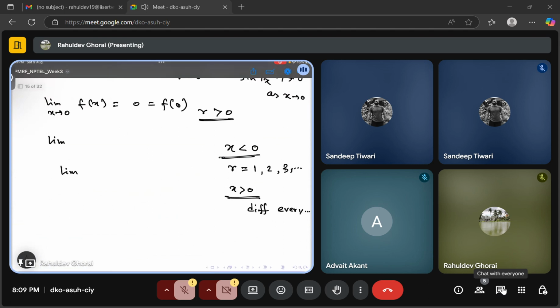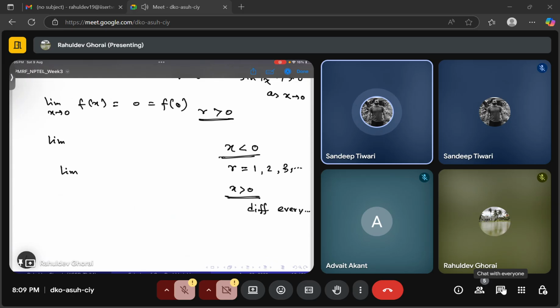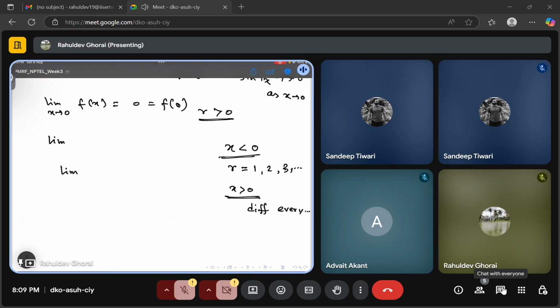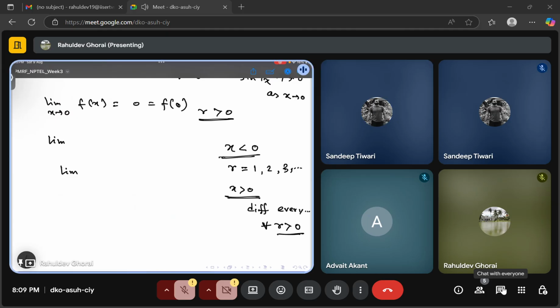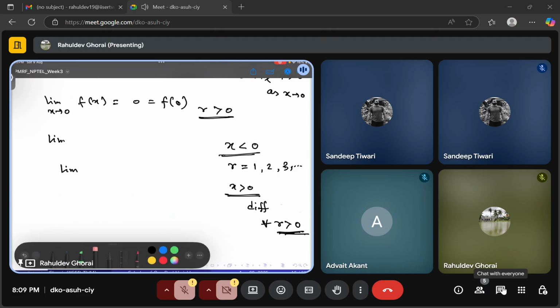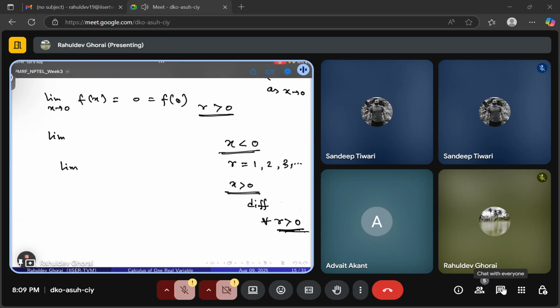right? Sir, are you talking about r or x? In x greater than 0, differentiable for, sir, if r is greater than 0, then the function is. Yes, for all r greater than 0 it will be differentiable if x is greater than 0 at x equal to c.